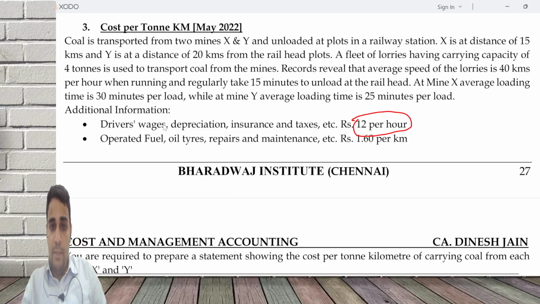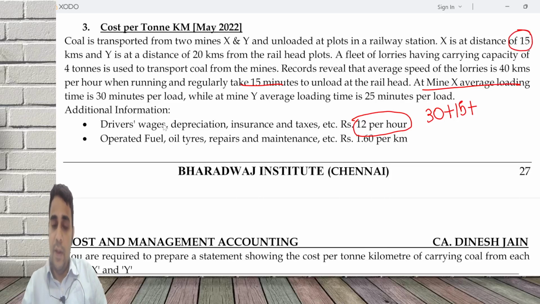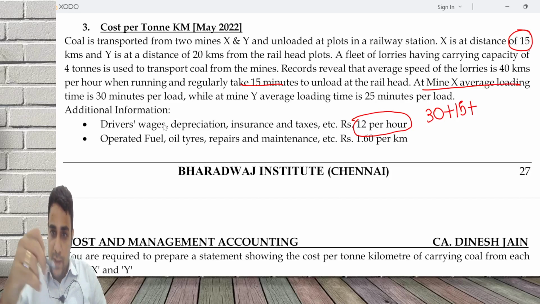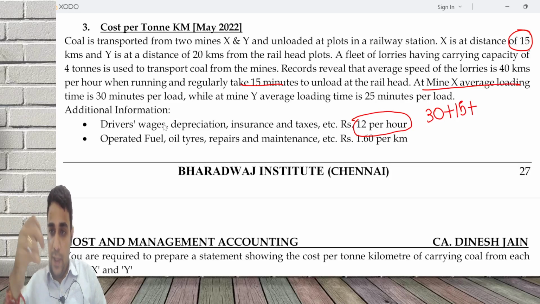In mine X, the loading time is 30 minutes, unloading is 15 minutes, and along with that, I also need to consider transportation time. It is at a distance of 15 kilometers, so 15 kilometers for going and 15 kilometers for coming back.